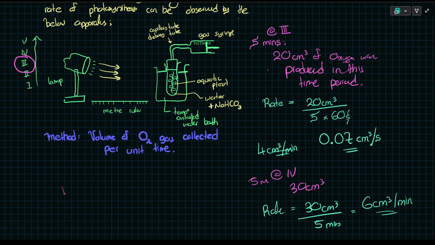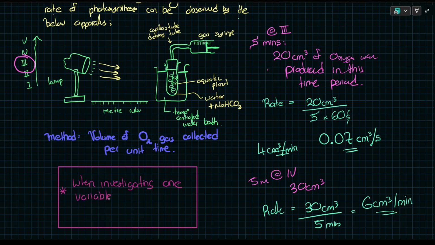So I'll just draw a box here and say, when investigating one variable, in this case we're investigating light intensity, you have to make sure you keep everything else the same, the others constant.